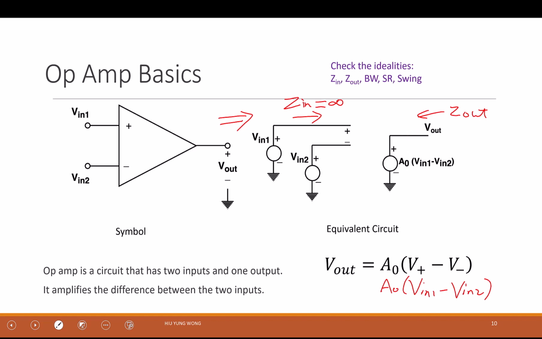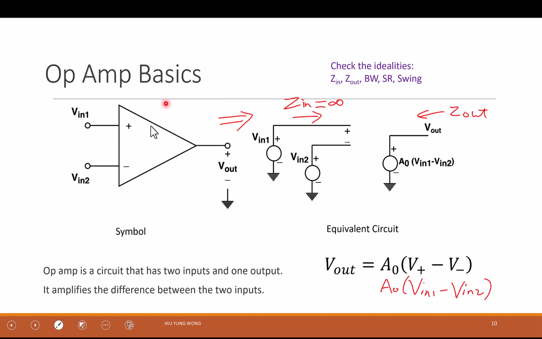No capacitor, infinite slew rate. I can bring up the voltage in no time, okay? And the swing, no limitation also in this model, because whatever you put in, I just give you whatever. You put in 1 trillion, my output is 1 trillion times A0, yeah?